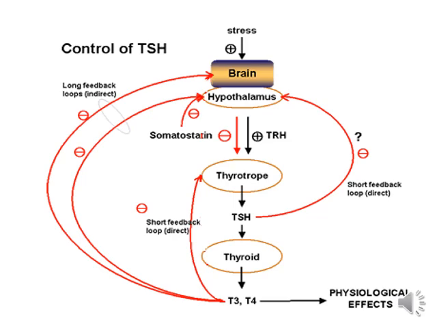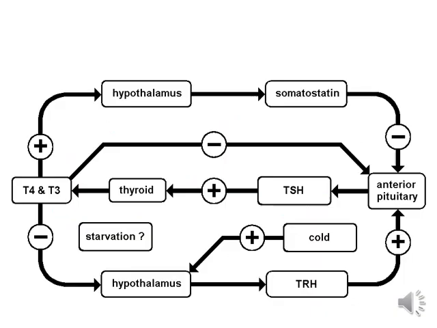In the next slide, we are talking about TSH and the axis of TSH and TRH. We see that TRH is under the control of two factors, because TRH is secreted from the hypothalamus and the center of temperature is located in the hypothalamus.